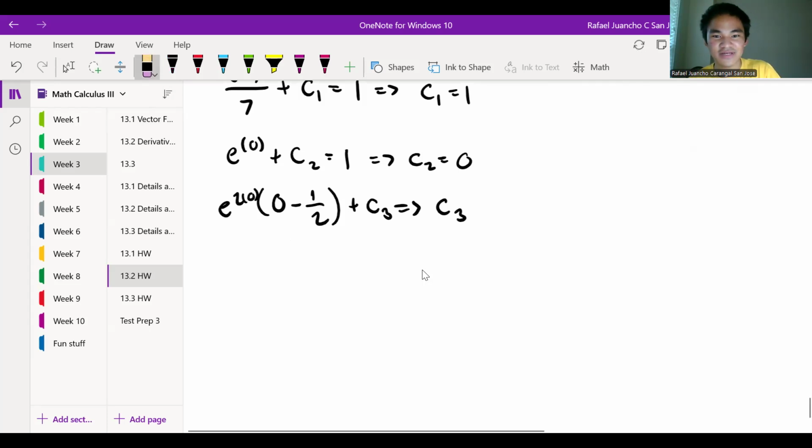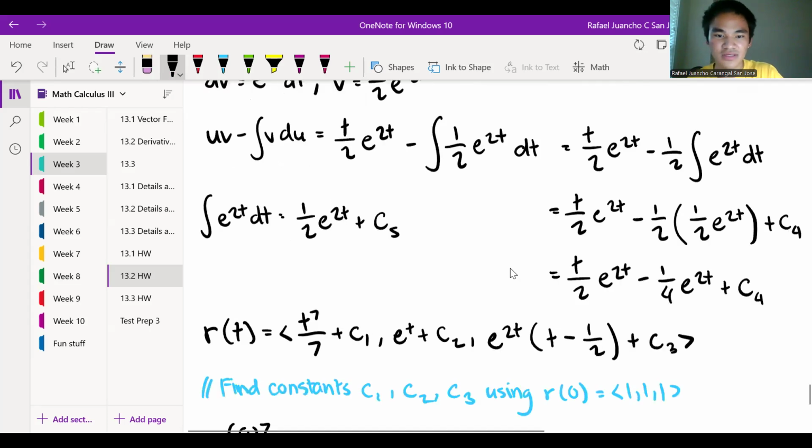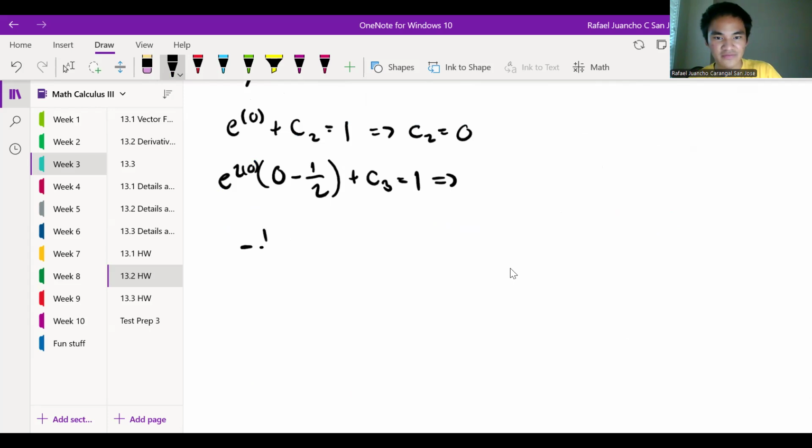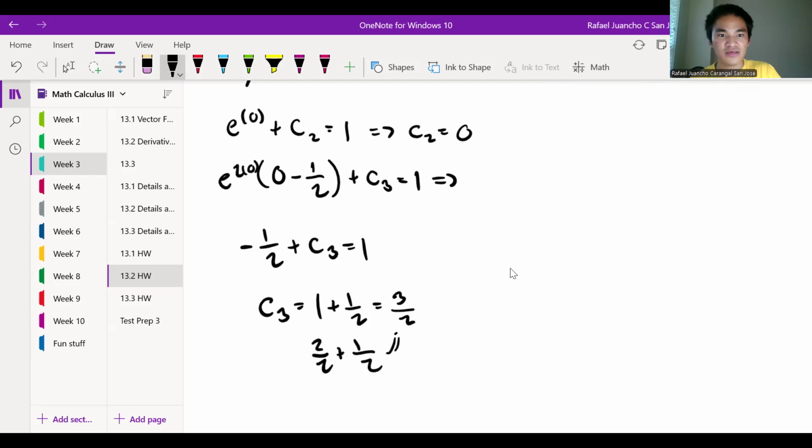Plus, oh, I forgot to add the thing. So this is equal to 1. Yeah, everything's equal to 1. So this is minus 1/2 plus the constant is equal to 1. And so C3 is just 1 plus 1/2, and so that's 3 over 2. Right? Because this is 2 over 2 plus 1/2, 3 over 2. And so that's my C3.